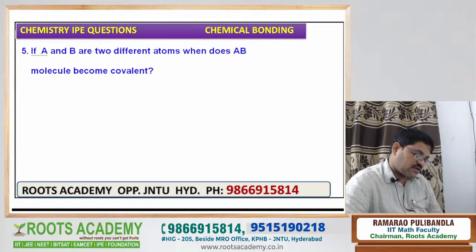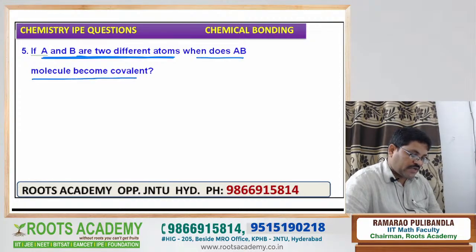So, a 2 marks question. A, B are two different atoms. When does an AB molecule become covalent? Simple logic.